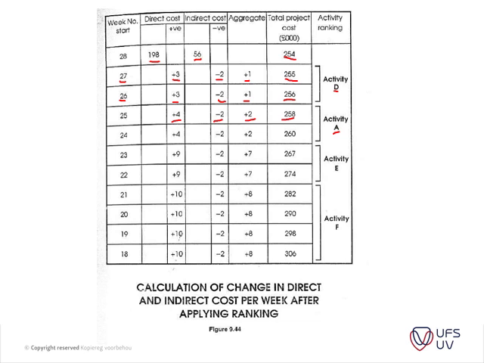So you can see it's fairly straightforward. D, A, E, and F. Okay, cool. So you can see the ranking.